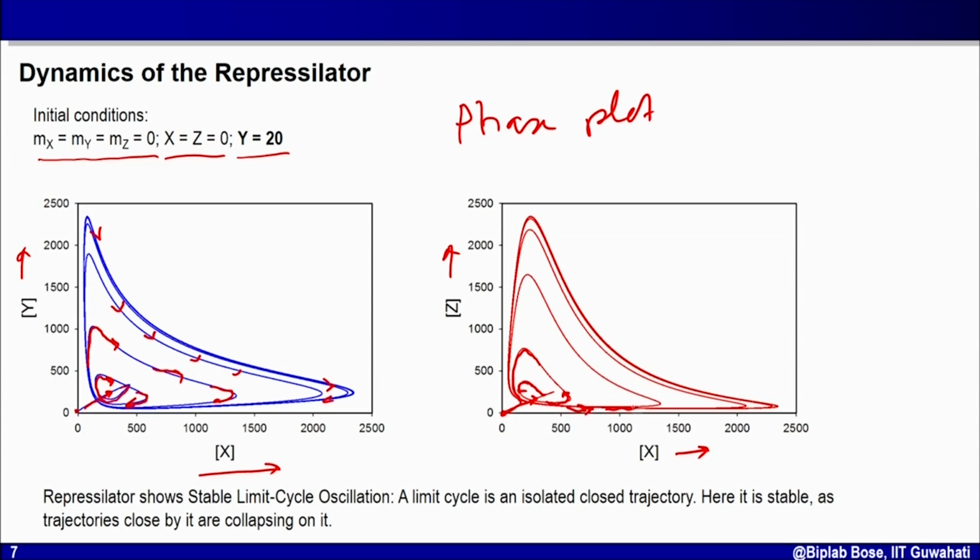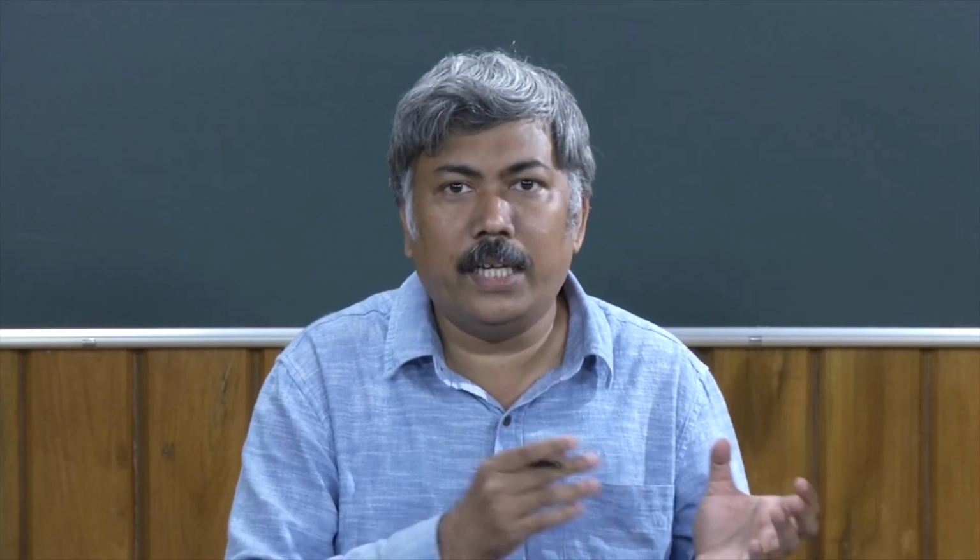You follow this bigger trajectory now, and it increases the amplitude, and eventually you reach this outer trajectory where it stabilizes. And this outer trajectory, in both the cases for xz and xy, is the biggest one, so the amplitude is the bigger one.